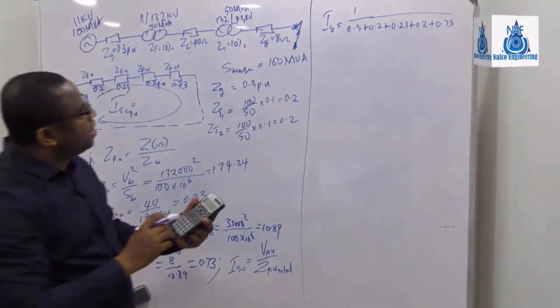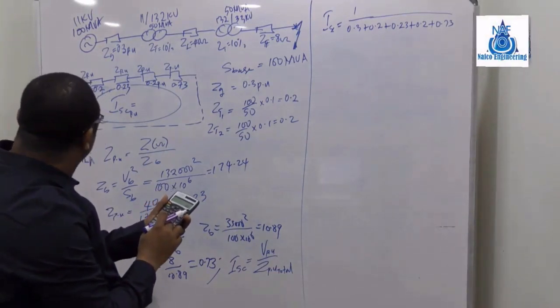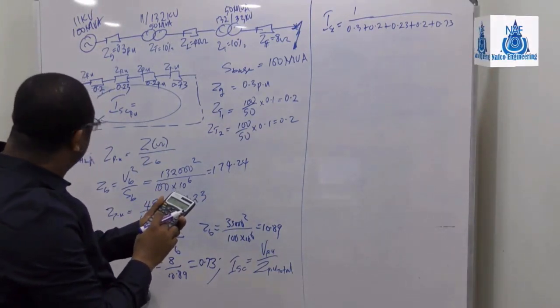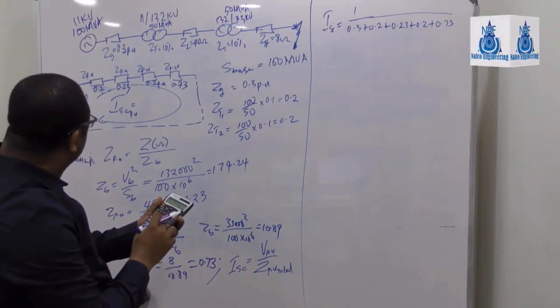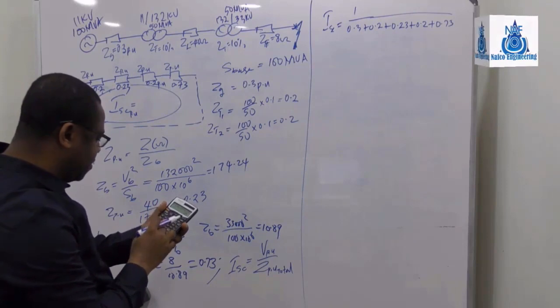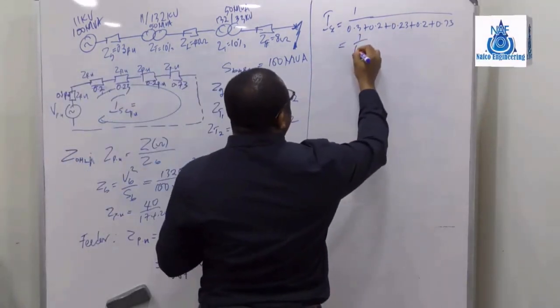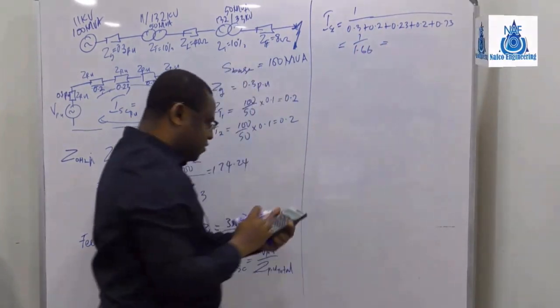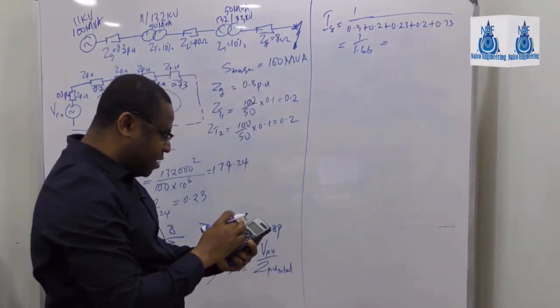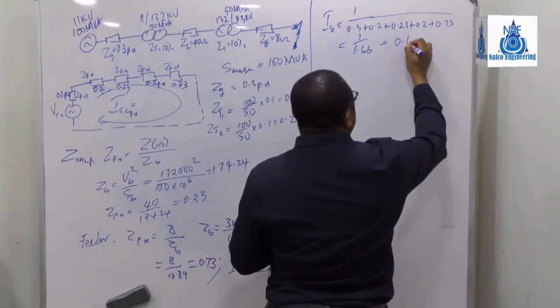So that is 1.66. So 1 over 1.66 will give you 0.6.